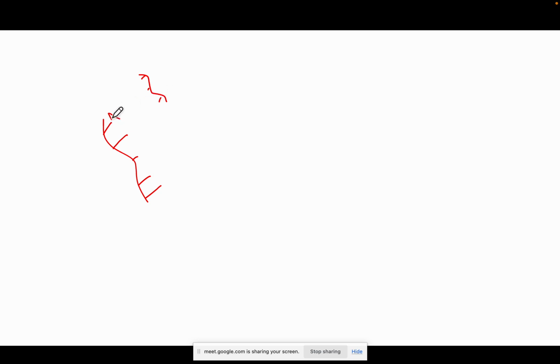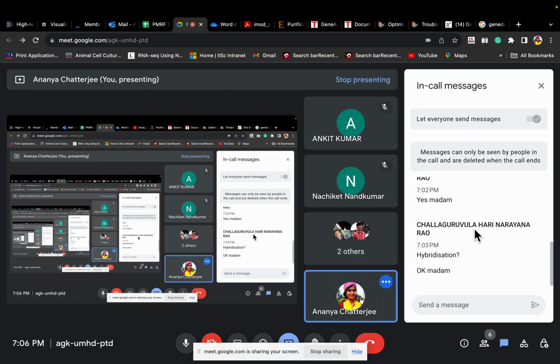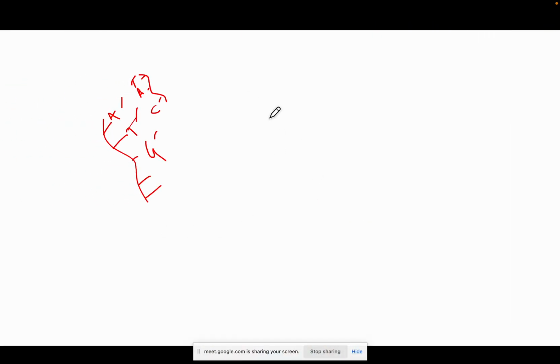So if it is A, T, G, it will be T, A, and C. Now if this probe goes and binds, it will definitely bind because these are complementary sequences. So this is called hybridization. Okay. Am I clear? So this is how it happens. And now this probe is radio labeled so that you can detect where your probes are going and binding.